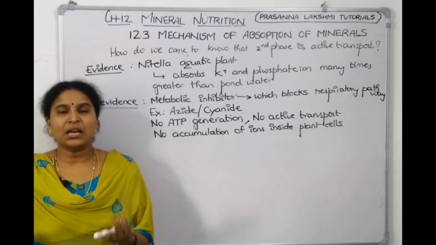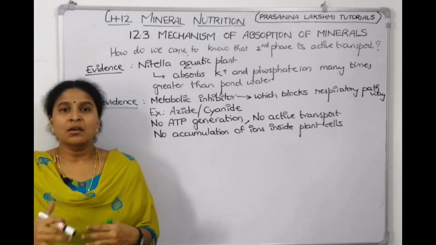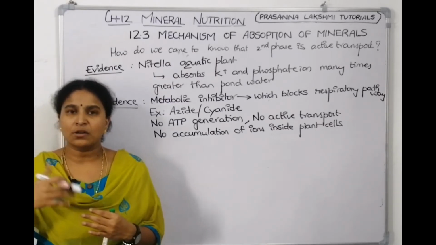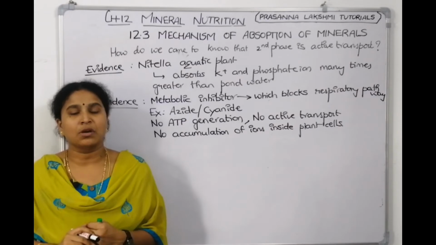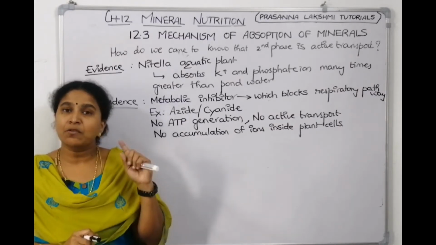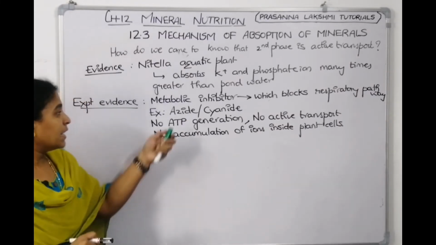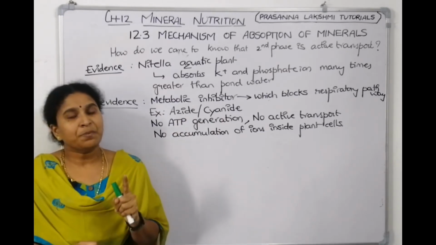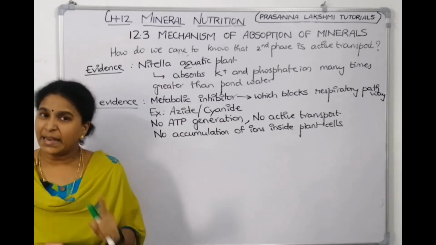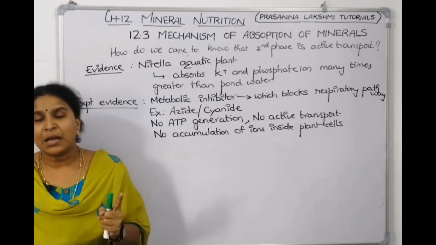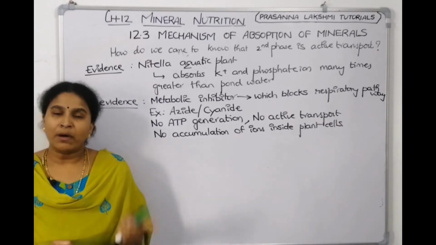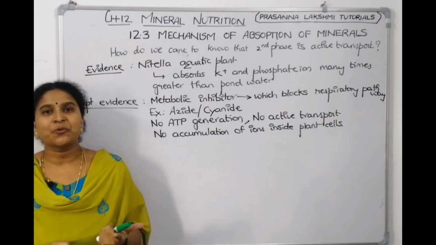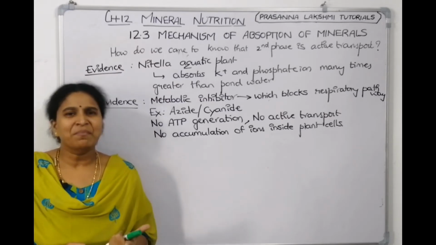This means the plant is taking in more minerals, from low concentration to high concentration, so it is active transport only. One more experiment we did used metabolic inhibitors like azides and cyanides. They stop respiration. When respiration is stopped, there is no ATP generation. When there is no ATP, what happens? No active transport. When there is no active transport, the Nitella plant is not accumulating minerals.